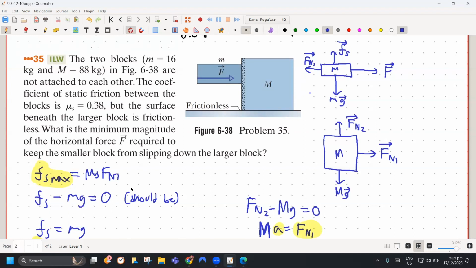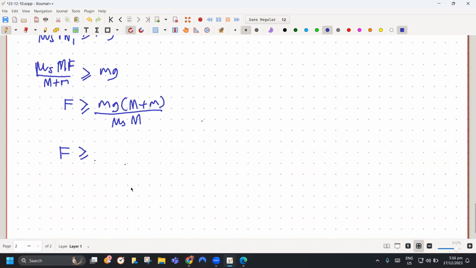Pakita mo yung substitution. So F is less than or equal to... Tama ba? F is greater than or equal, greater than, di ba?